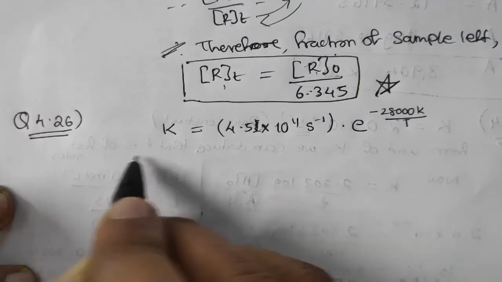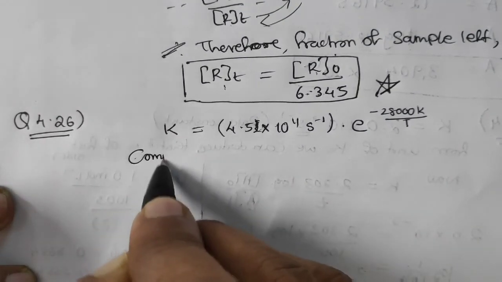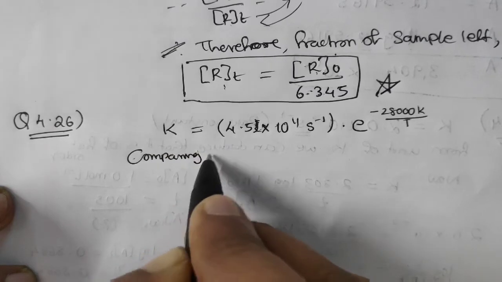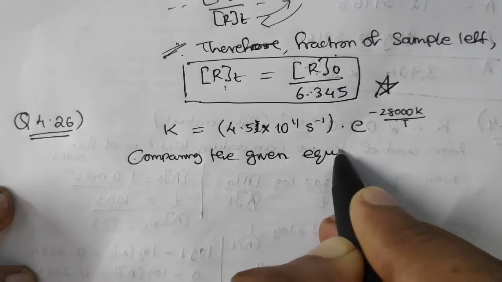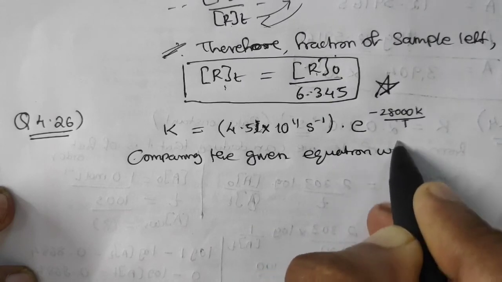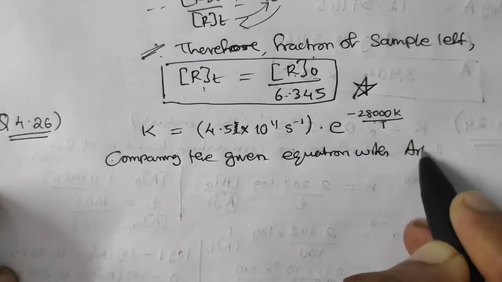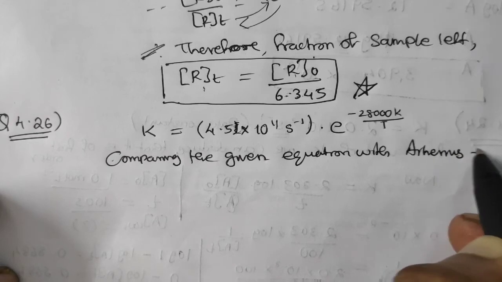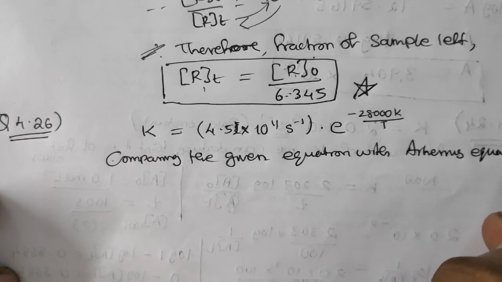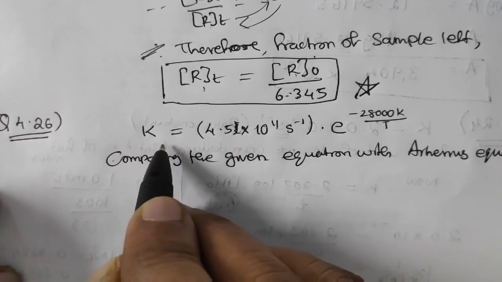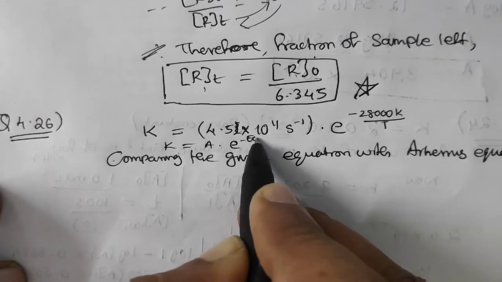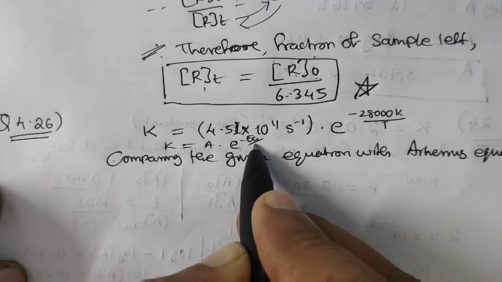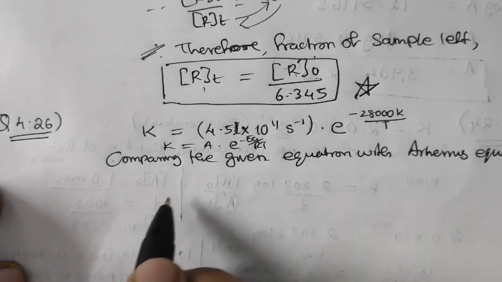So we compare the given equation with the Arrhenius equation. The Arrhenius equation I already explained: K is equal to A into e raised to minus EA by RT.